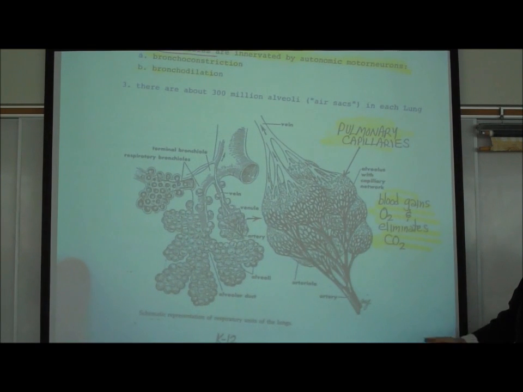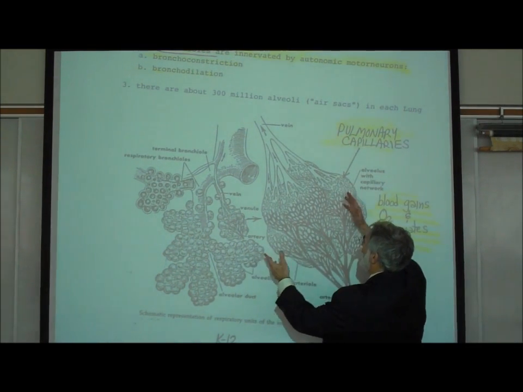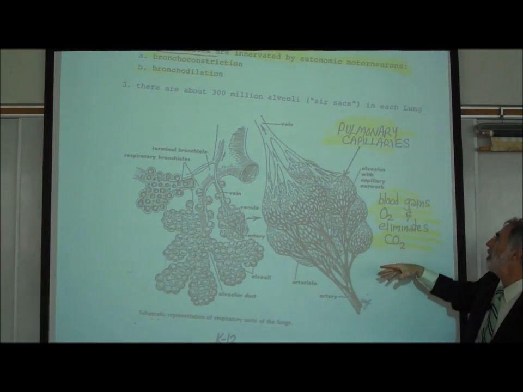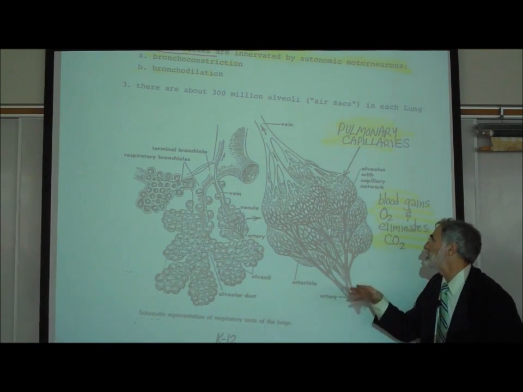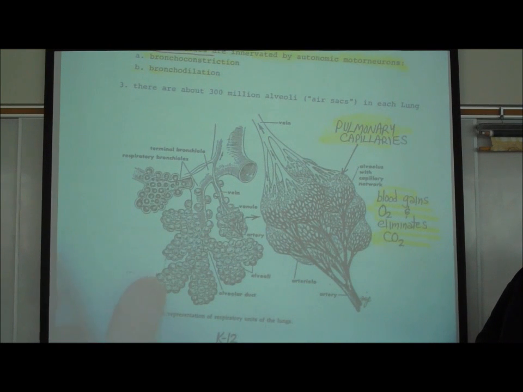And these alveoli are surrounded by a profuse network of so-called pulmonary capillaries. And it's, of course, there where there's the exchange of oxygen and carbon dioxide between the lungs and the bloodstream.